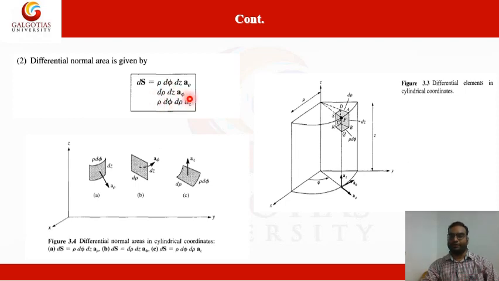In the direction of phi, there is no rho, because we are not considering d phi; it is d rho dz. And in the direction of z, it is rho d phi d rho. Here you can see this.